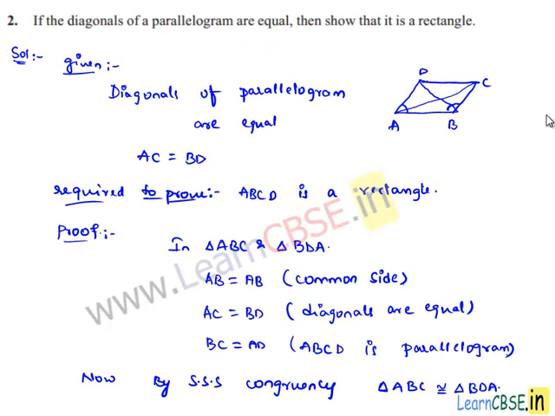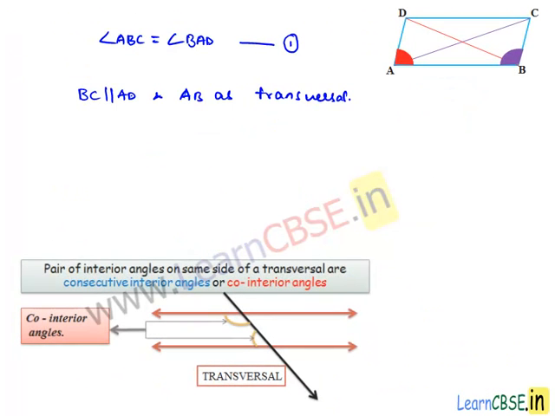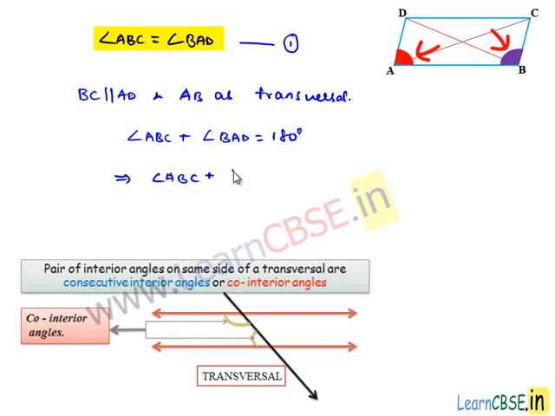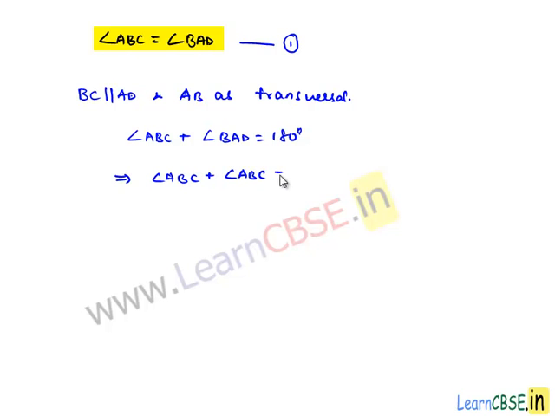Then angle ABC and angle BAD lie on the same side of the transversal, and we know that the sum of interior angles lying on the same side of a transversal is equal to 180 degrees. We can say angle ABC plus angle BAD is equal to 180 degrees. But from equation 1, angle BAD is equal to angle ABC.